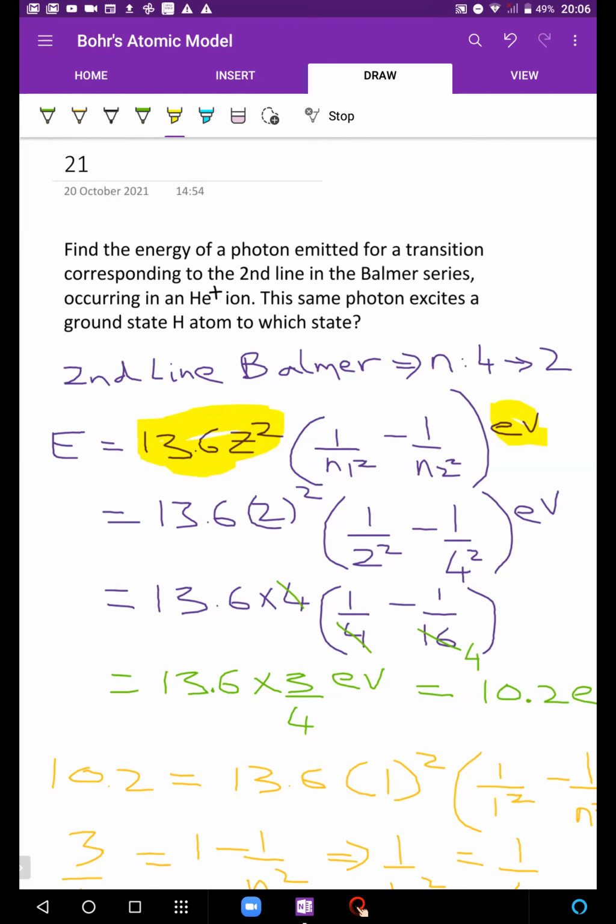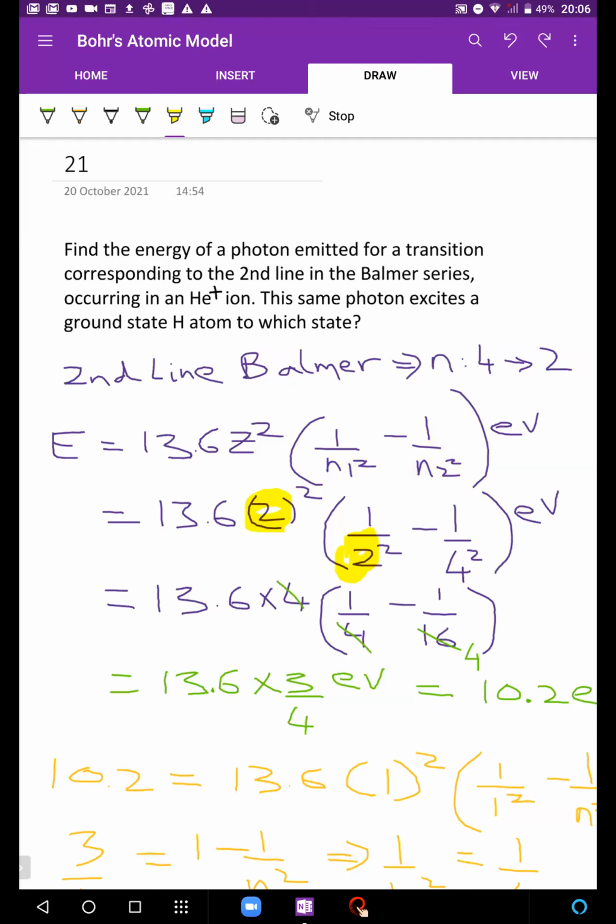Okay? So you write it accordingly to make sure that the answer is positive. So 1 upon smaller n ka square minus 1 upon bigger n ka square will ensure that the answer is positive. Now Z, atomic number of helium, is 2. n1 is 2, lower orbit is 2, and the bigger orbit is 4.